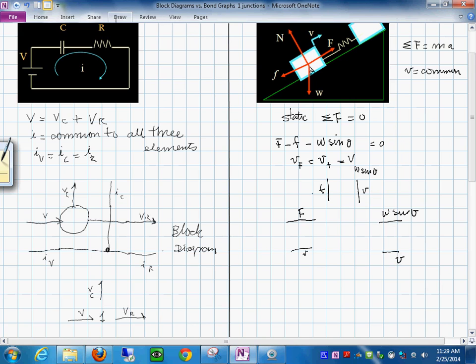So what we need to do is say, okay, look, the velocity is common to all three, so I am going to join it like this, see? And this would be the common point. But the summation of this would be the other thing. So one is common, the other ones will add. And how would we do that?